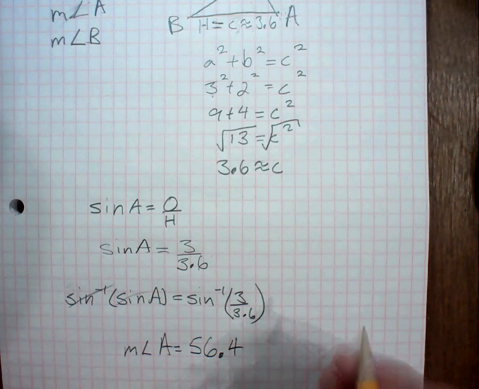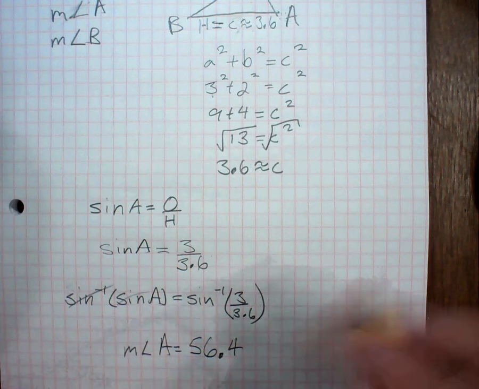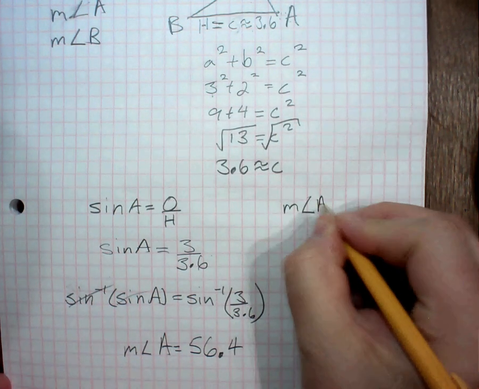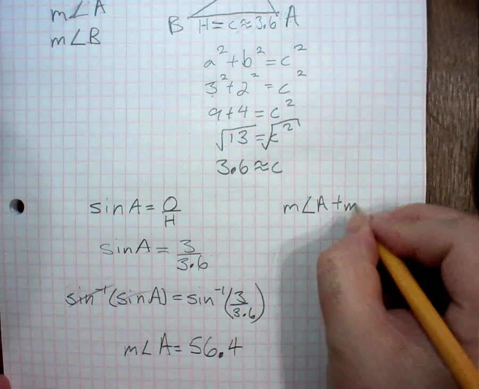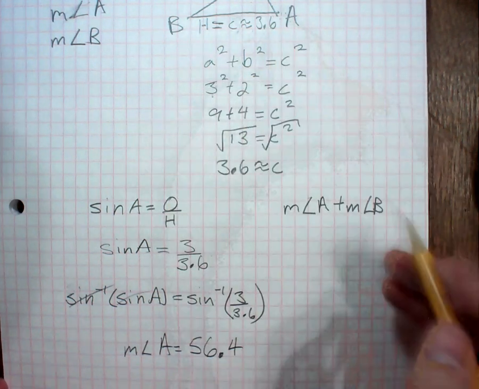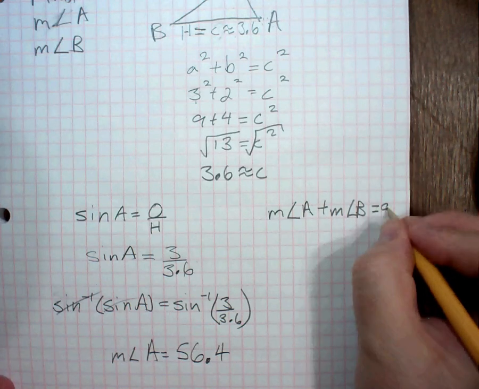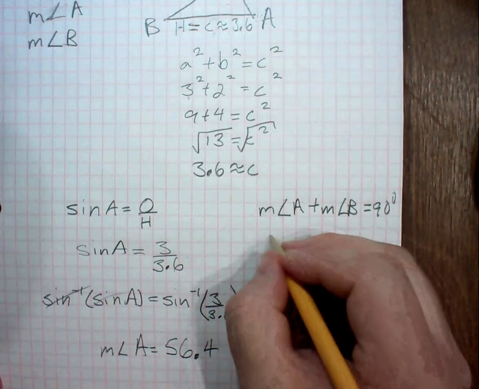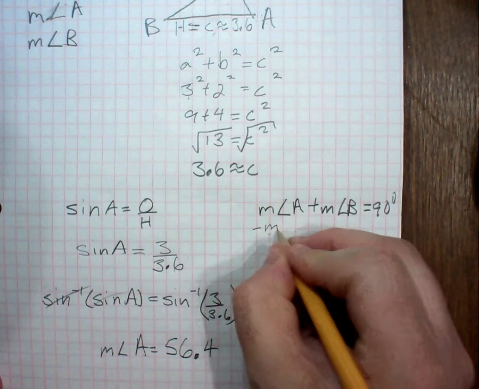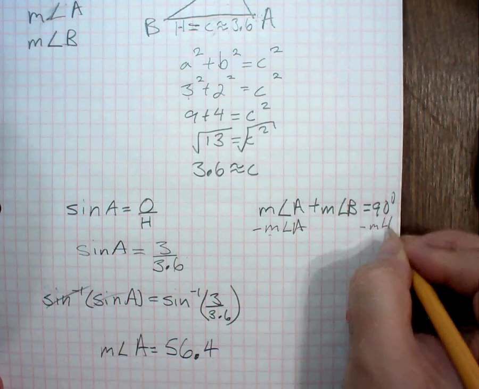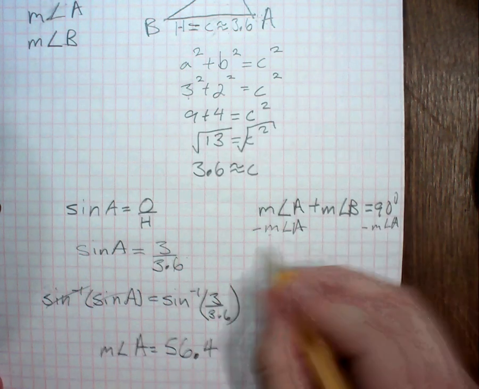And then if I want to find the measure of angle B, remember that on a right triangle, the measure of angle A plus the measure of angle B are always going to add up to 90 degrees. So what I need to do is subtract the measure of angle A from both sides.